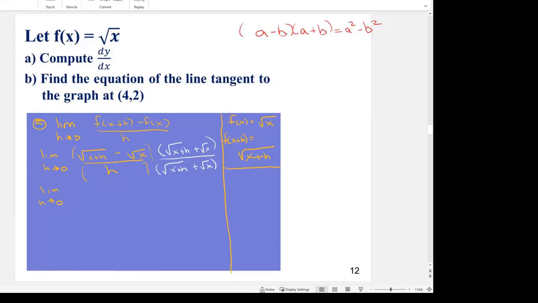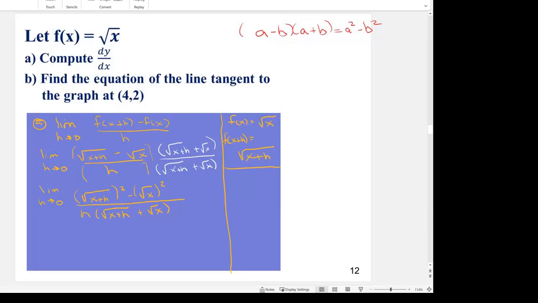This is going to be the square root of x plus h squared minus the square root of x squared, over h times the square root of x plus h plus the square root of x, right?